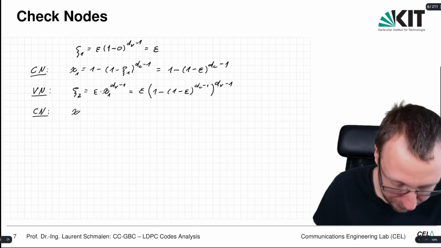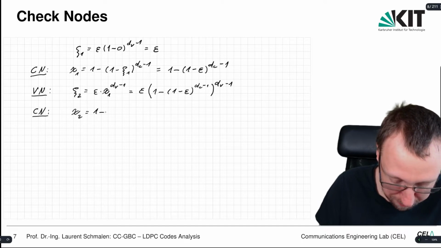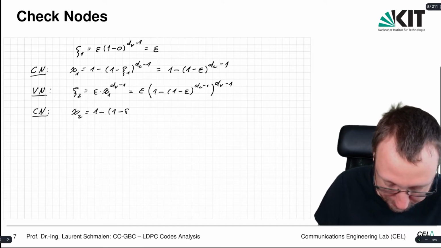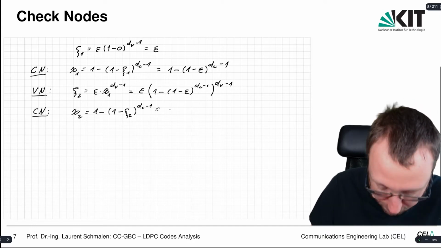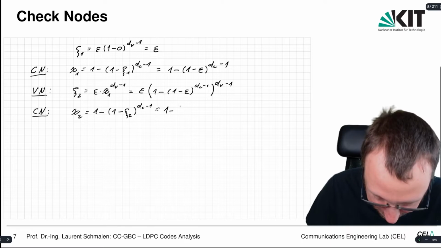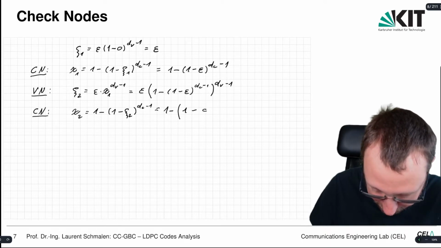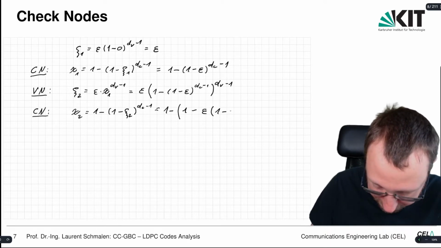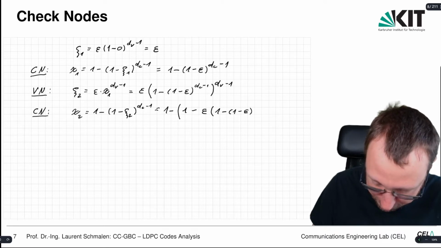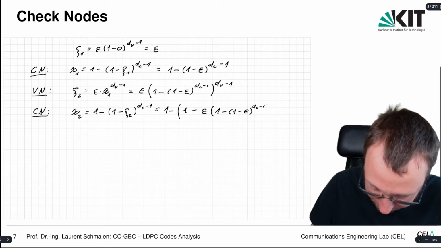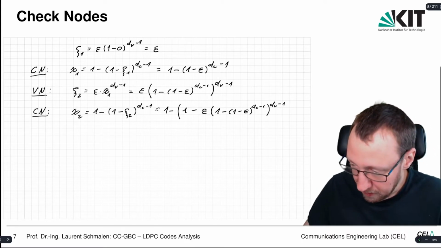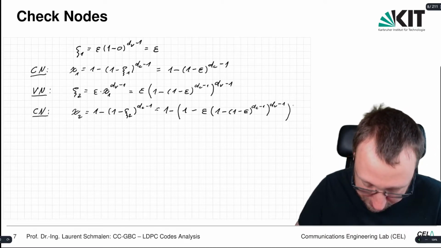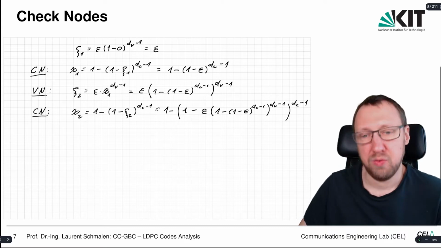So we have chi2 is 1 minus (1 minus xi2) to the power dc minus 1. So this is 1 minus (1 minus epsilon times (1 minus (1 minus epsilon) to the power dc minus 1) to the power dv minus 1), close the parentheses, to the power dc minus 1.